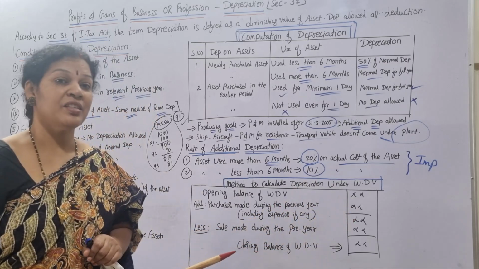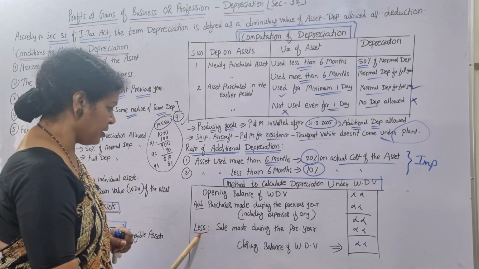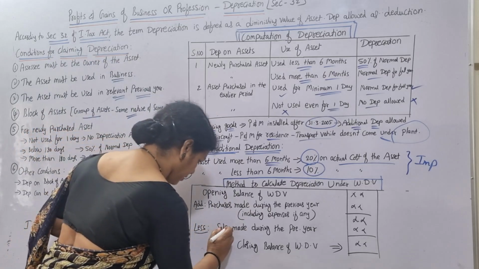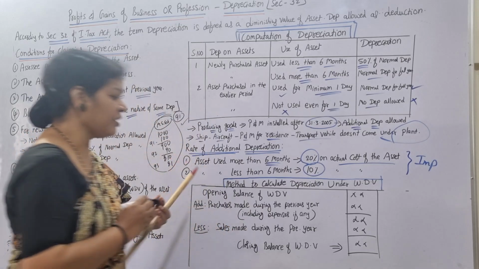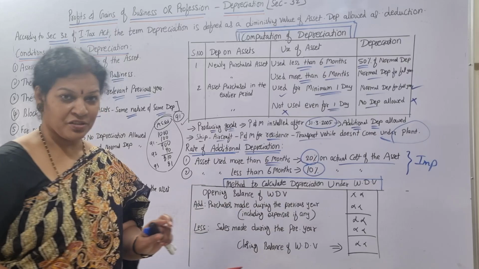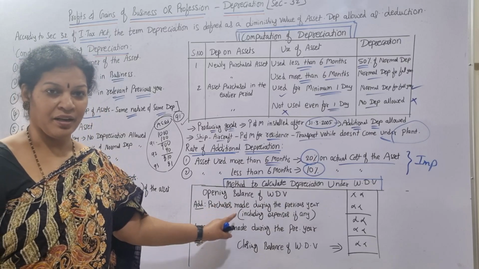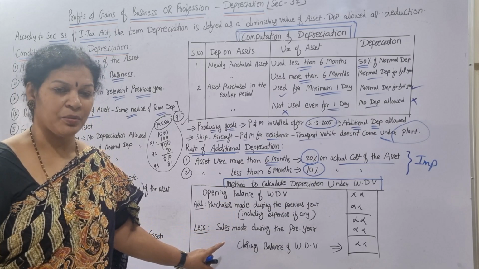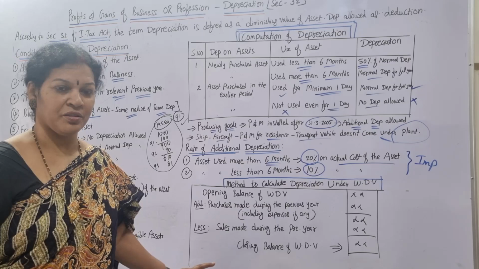If you find any sale proceeds, deduct them. Less: sales made during the previous year. Purchases you have made, add along with the expenses. If you have any sale proceeds, they are to be deducted.